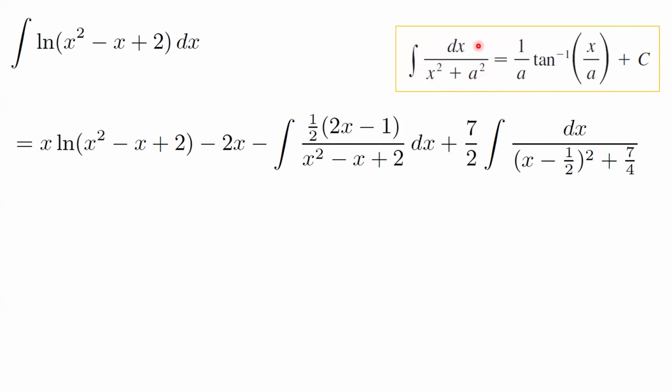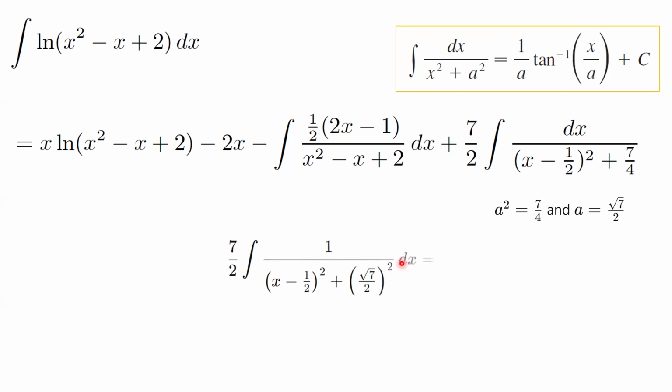If I have the integral of dx divided by x squared plus a squared, it's 1 over a inverse tangent of x over a, and this x can be treated as a u as well. So if you take u to be x minus a half, you have u squared plus 7 over 4. So pay attention, a squared is equal to 7 over 4, and a is equal to square root of 7 divided by 2.